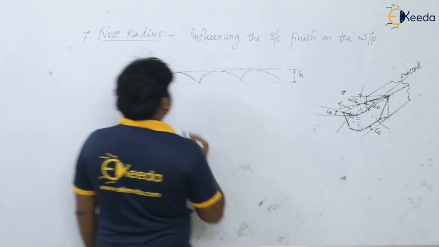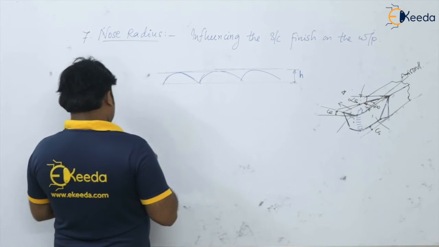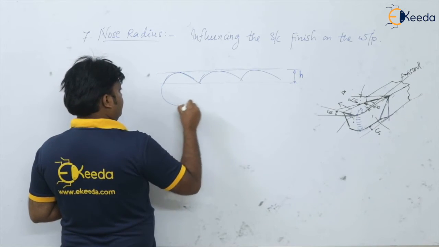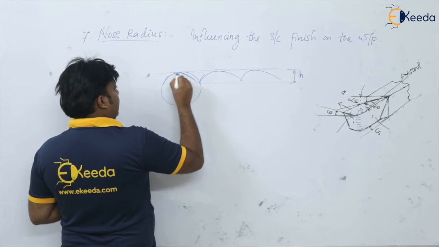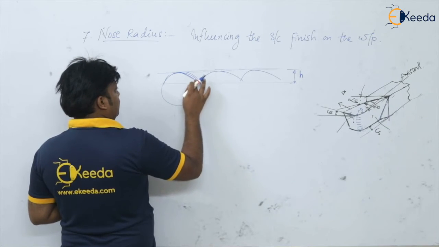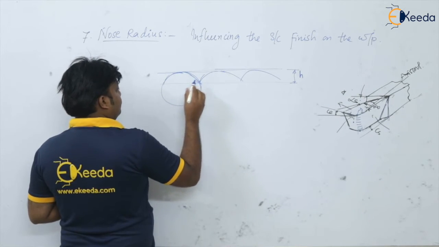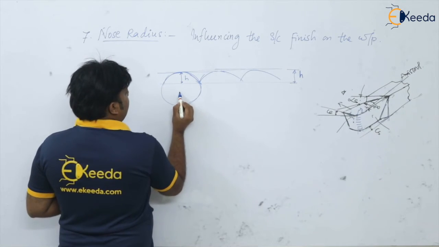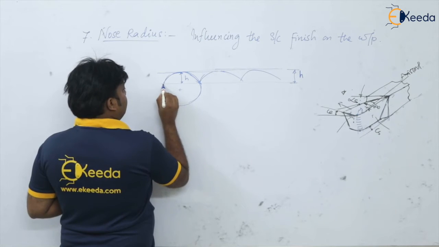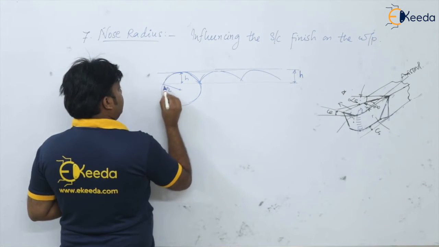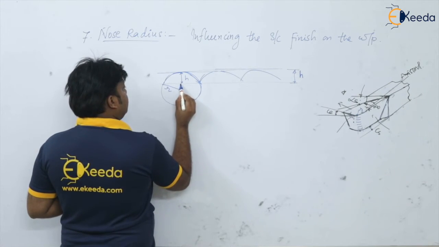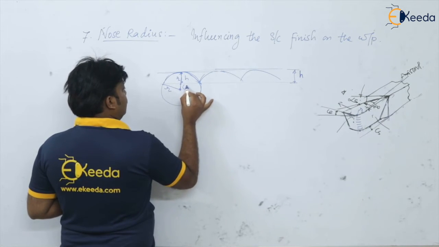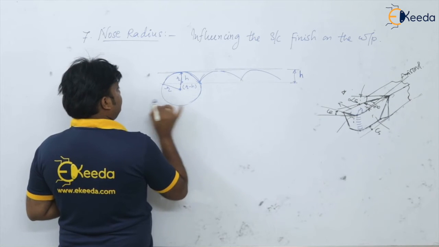Peak to valley distance. Now if I consider this as the throughout circle, approximated to this circle, then this is the h. From here this is r, the radius of the circle, and this distance will be r minus h.